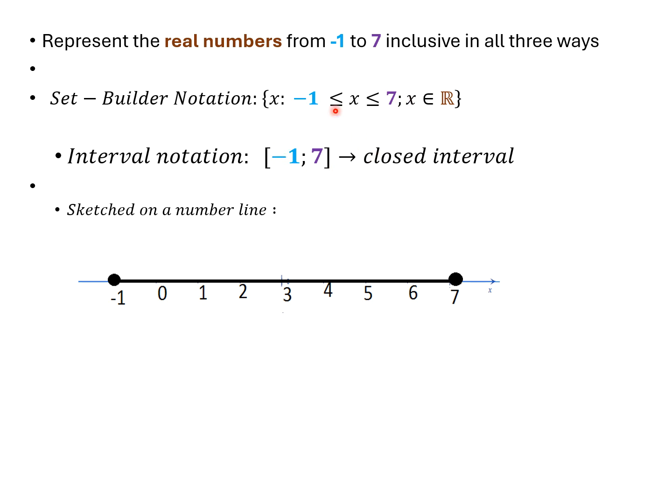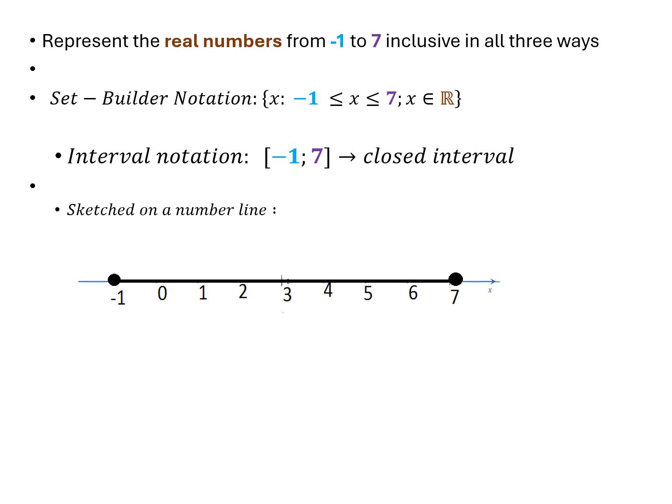So that's because it's equal, therefore closed parentheses. Sketched on a number line, because -1 is included, we have a closed dot. Because 7 is included, closed dot. Alright, and it's real numbers, so it's all the values in between -1 till 7. So therefore we draw a line from -1 till 7. Right, so that's the three ways.